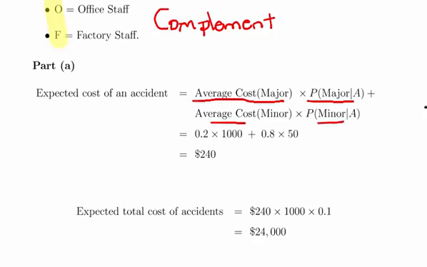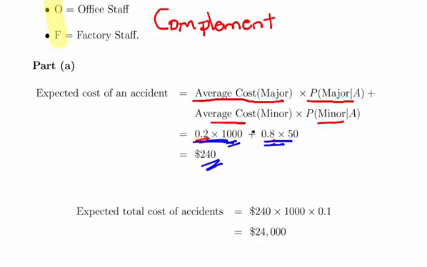We were told previously that 20% of the accidents were major and 80% were minor, and that the cost was 1,000 for a major accident and 50 for a minor accident. So that's 200 plus 40, which means that the average cost of an accident is $240.